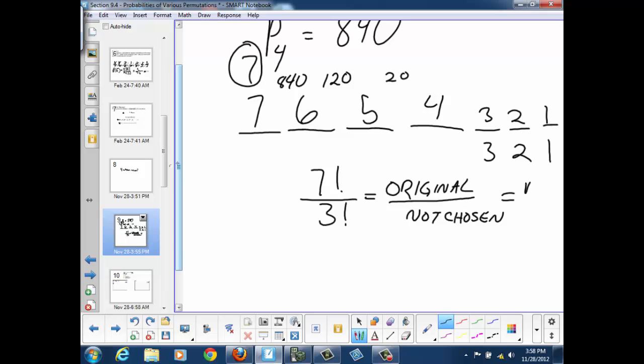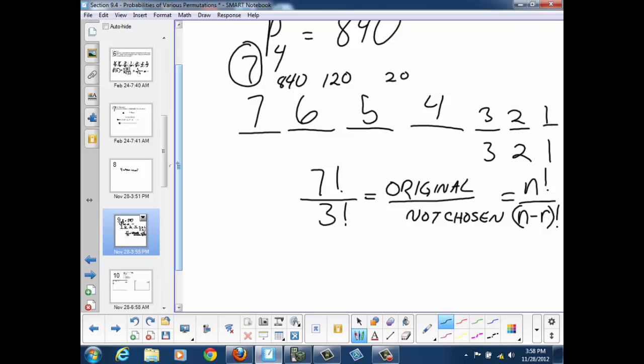So one way to calculate if we use the values from our original situation, the original would be n. If you looked in our calculator, it was nPr. So n factorial, and to figure out what's not chosen, we could take the set minus what we actually chose. So n minus r would give me the leftovers. And we take the factorial of that.